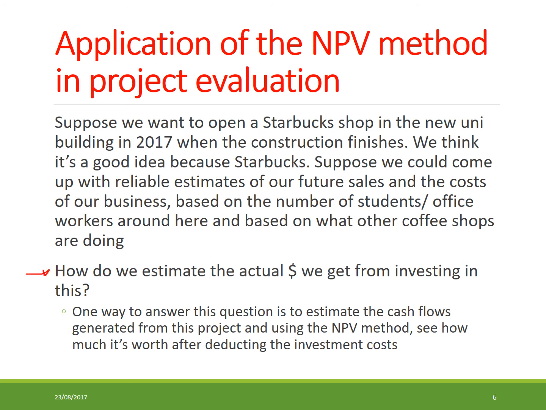The question for us as an investor is to work out how much money we expect from this investment going forward. As a shareholder, how much would be distributed to us given our estimates of the future sales and the cost of the project?